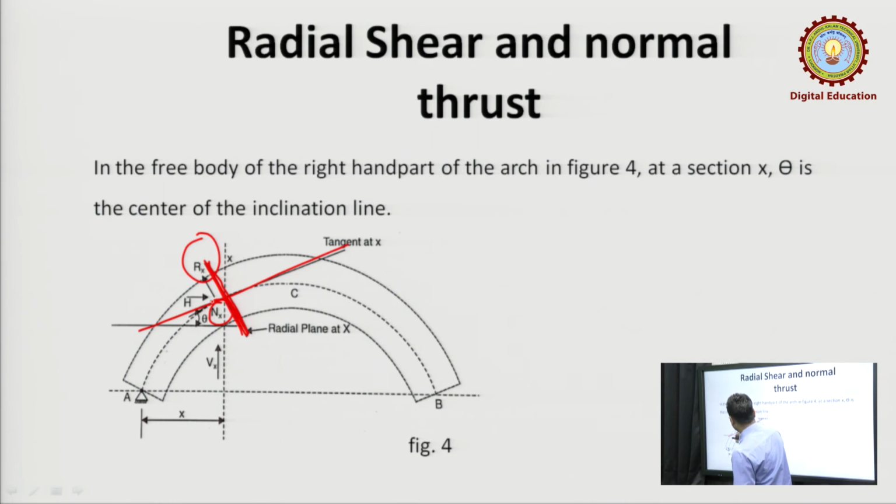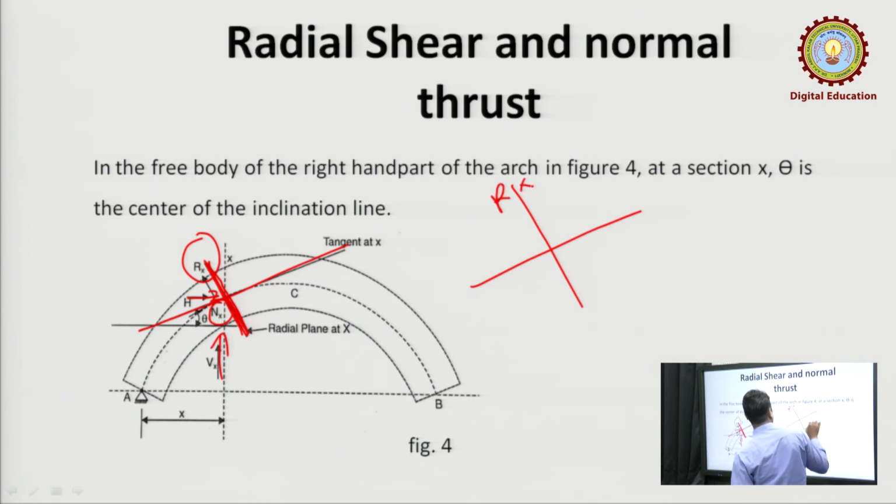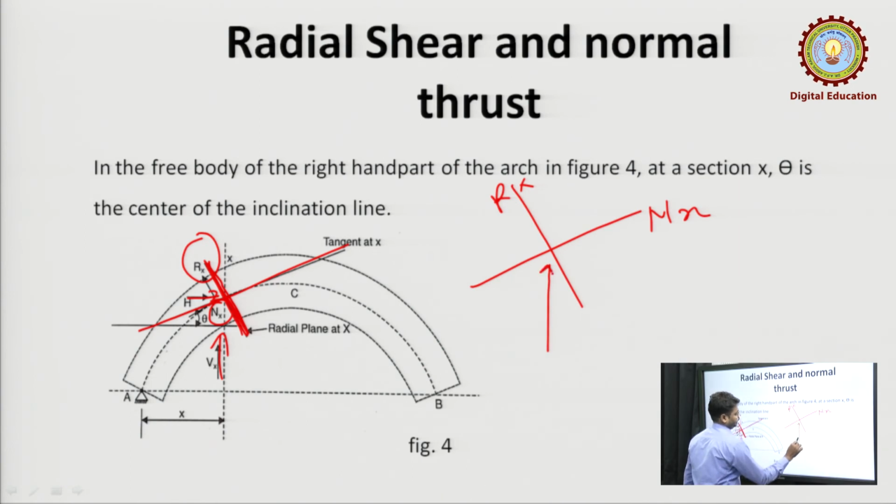On resolving these forces, here is the horizontal and here is the vertical. I can draw this is your Rx, this is your Nx, and the vertical reaction is working like that, Vx, and this is your horizontal thrust.